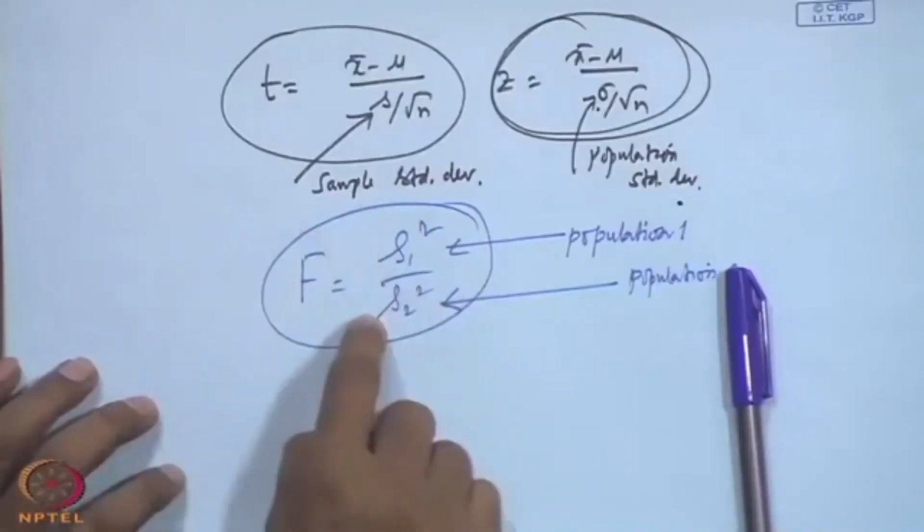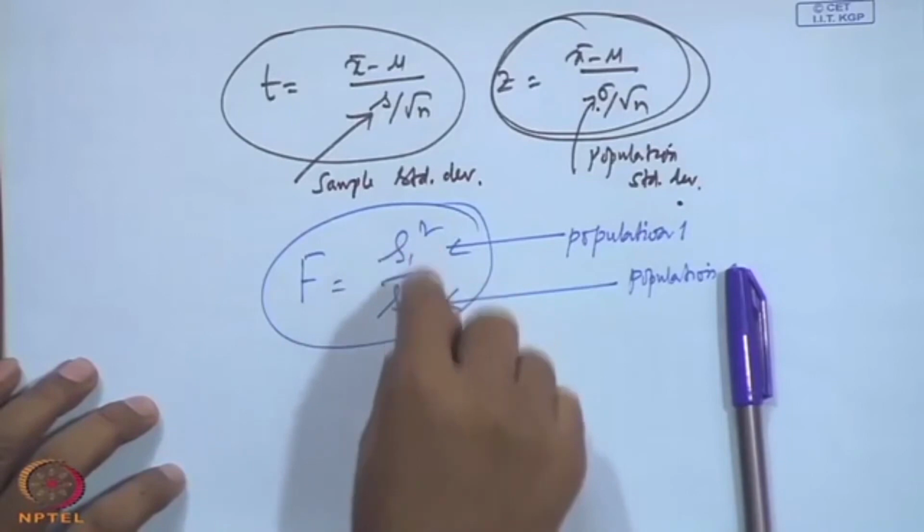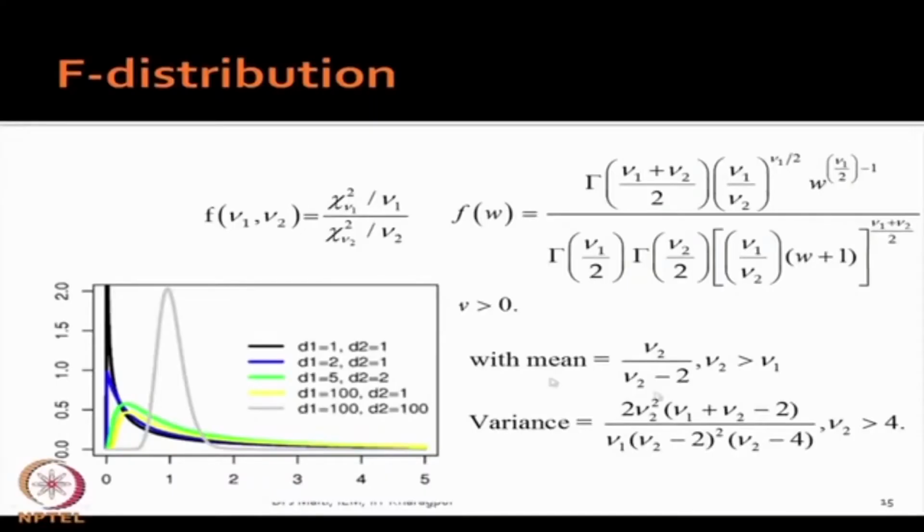In regression also you will see it. So, the ratio, when you find some quantity which is the ratio of two chi-square variables divided by their respective degrees of freedom.